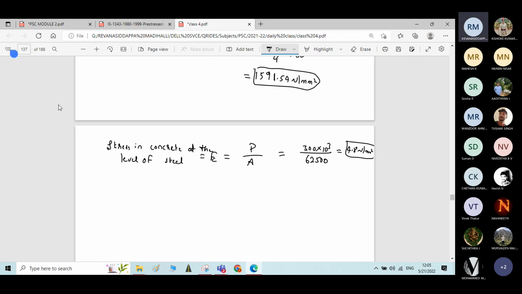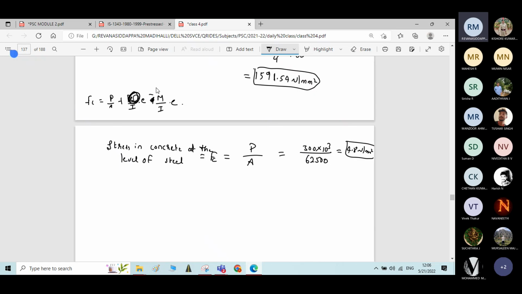The actual formula is FC is equal to P by A plus PE by I into E plus M by I into E. But the eccentricity is 0 here.